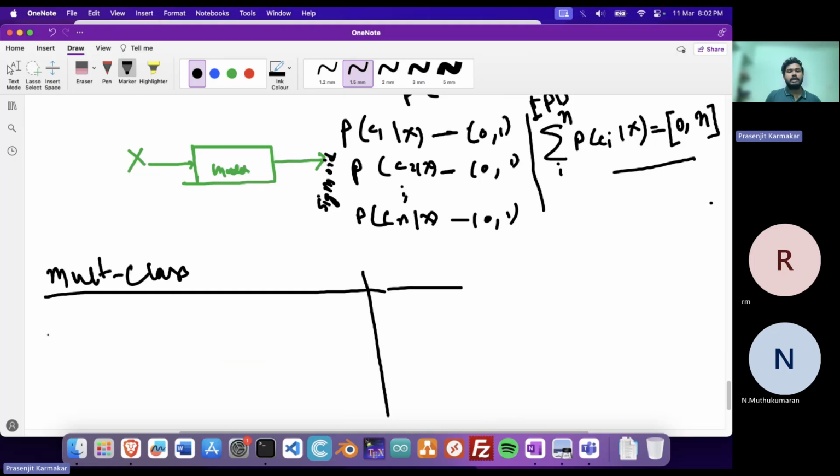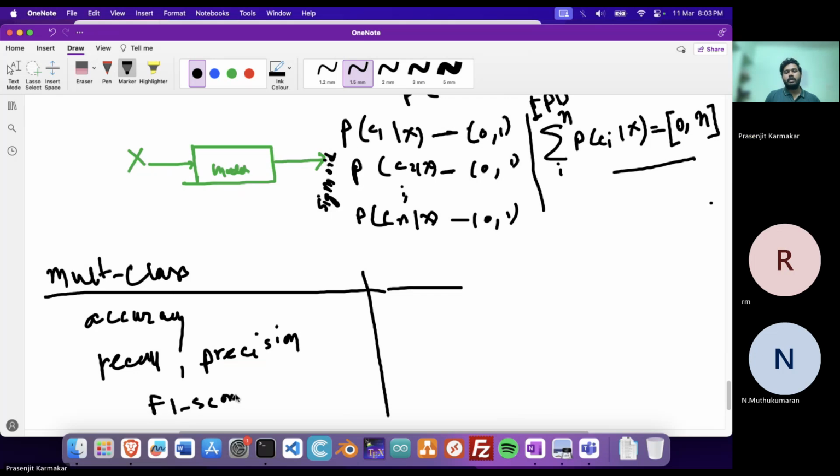For multi-class, there are good metrics called accuracy, precision, recall, as well as F1 score. These things we can use to measure the performance of a model in a multi-class scenario.